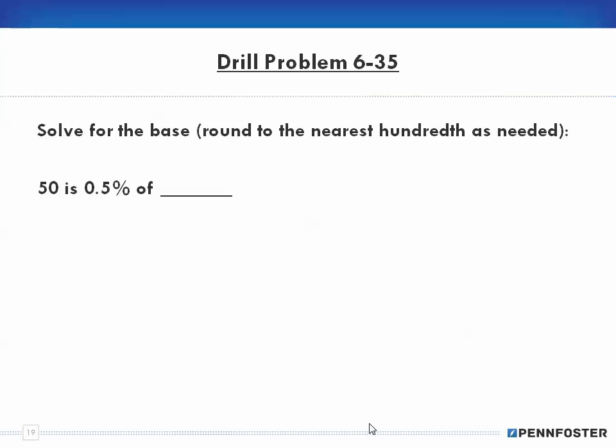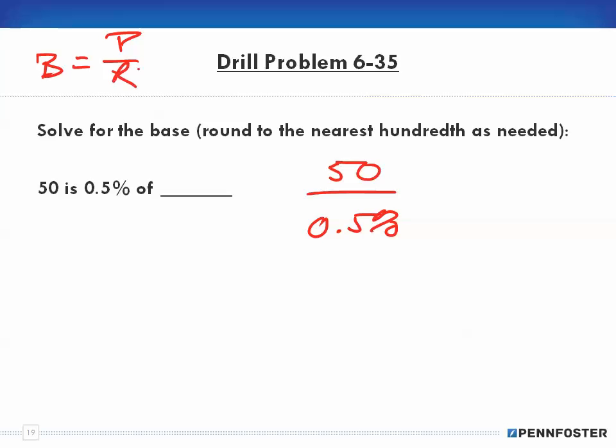All right, 6-35. Okay, solve for the base. This is the same as before, so I know the pattern, right? 0.5%. Remember, base is equal to portion over the rate. Convert my 0.5 into a decimal.